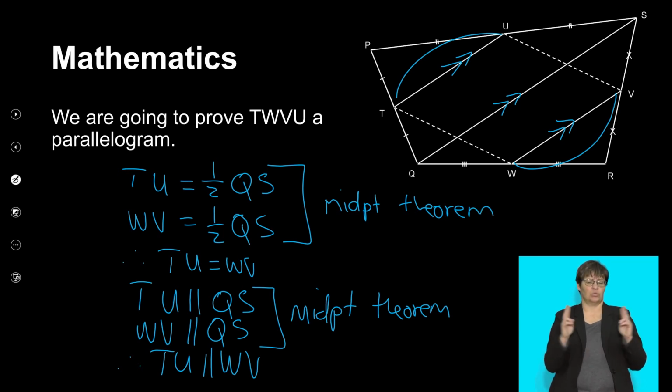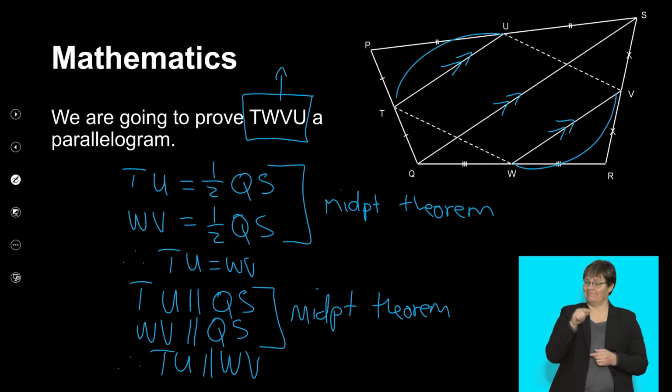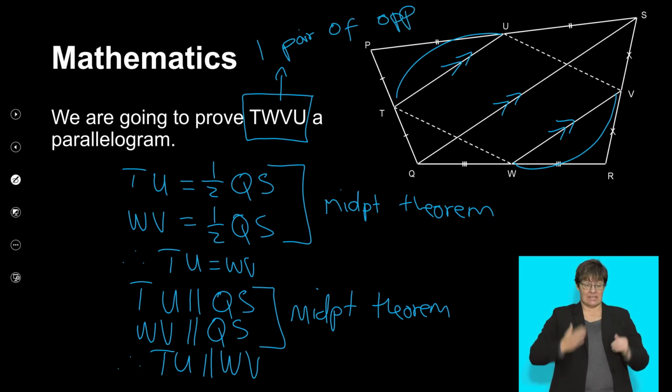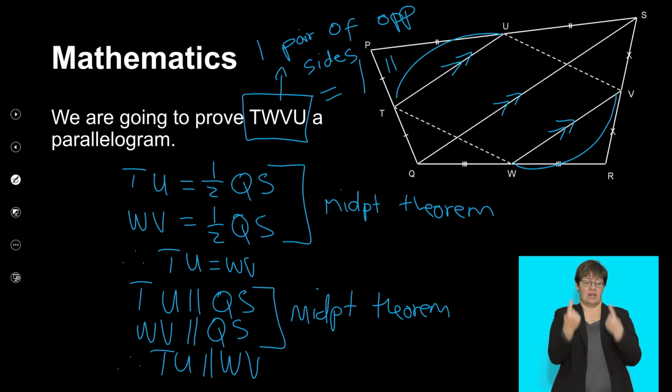I'm just shortening them because space might be a problem. And then lastly, I can claim that this is a parallelogram. My reason for it being a parallelogram will be because one pair of opposite sides are equal and they are also parallel to one another. That's one of the properties of a parallelogram.